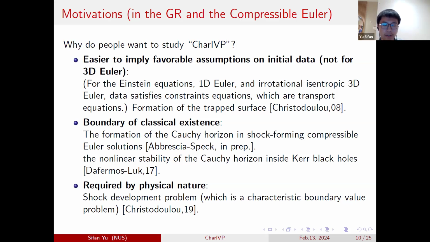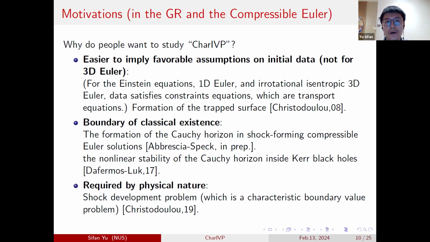For Einstein equations, in the monograph by Christodoulou, he proved the formation of trapped surfaces by imposing short pulse data, which is more convenient when you apply this strategy on null hypersurfaces.